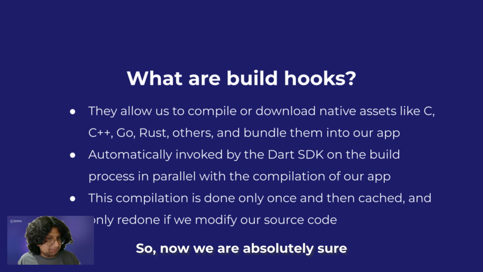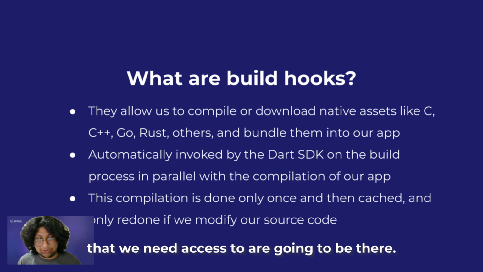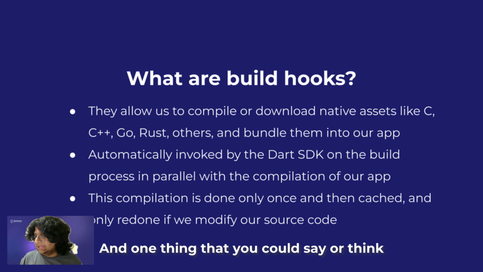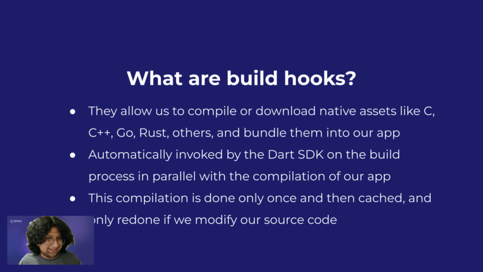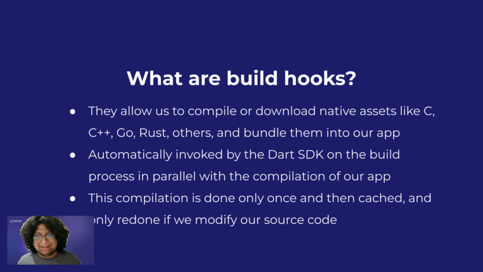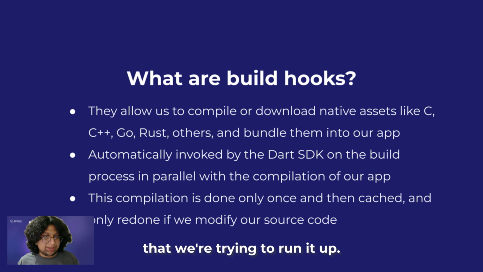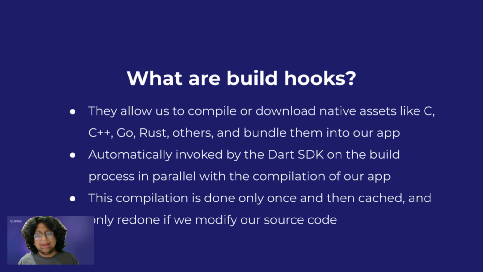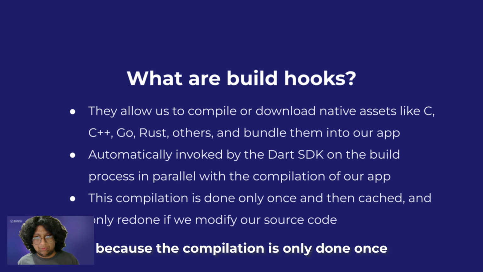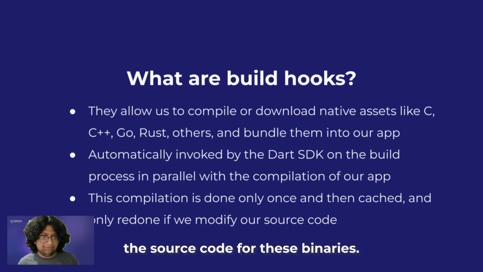So now we are absolutely sure that these binaries that we need access to are going to be there. And one thing that you could think is something bad about this is maybe that we'll need to compile these packages every single time that we're trying to run our app. But that's not true because the compilation is only done once and then cached, and it's only redone once we modify the source code for these binaries.